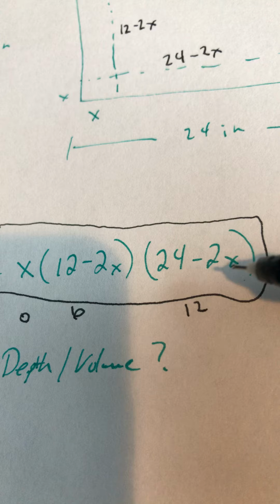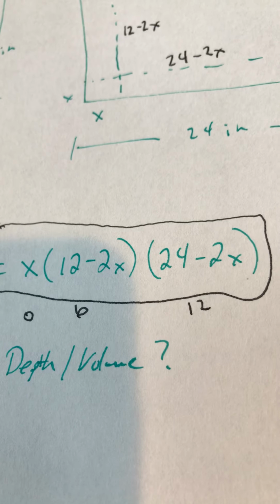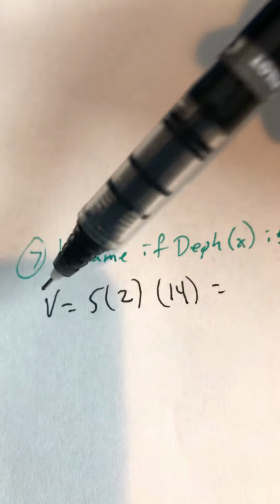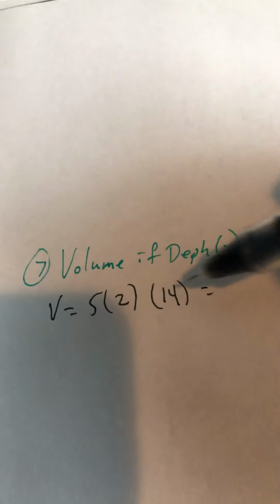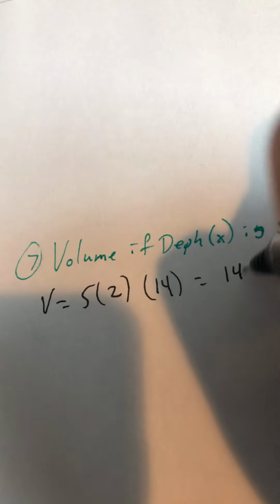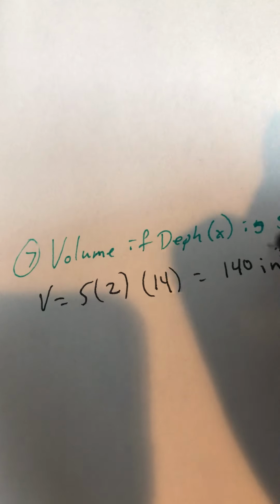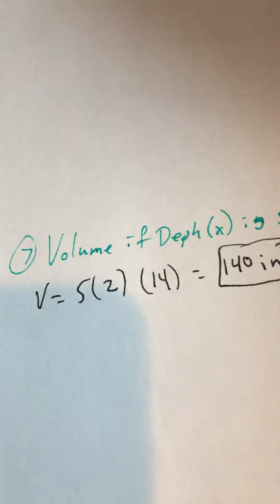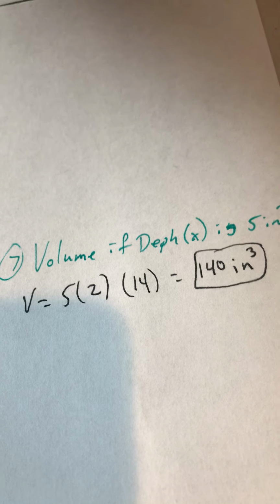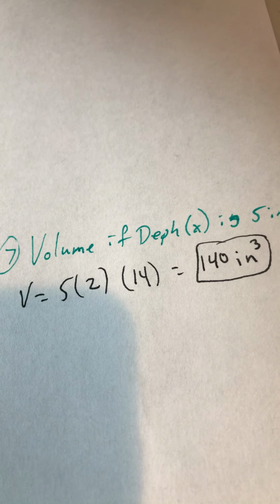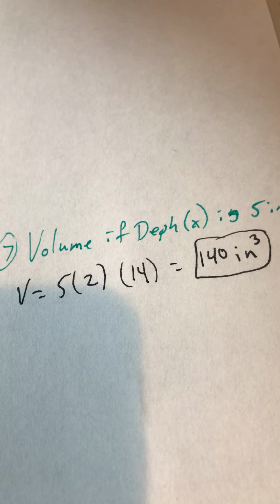If I plug 5 in, I get 10. So 24 minus 10 is 14. So this is what I'm solving. 5 times 2 times 14. And I get 140 cubic inches. So the volume of the tray is 140 cubic inches if the depth we chose was 5 inches.